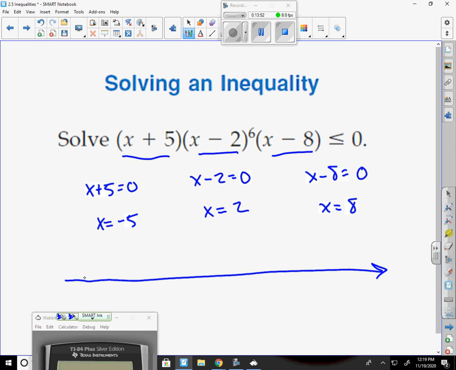Now if I'm looking at a number line, it tells me my graph is going to cross at 3 places: negative 5, 2, and 8.